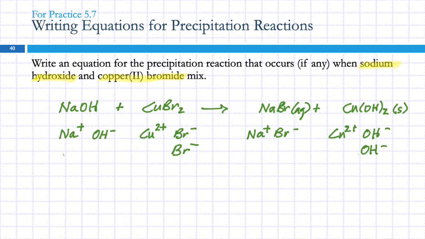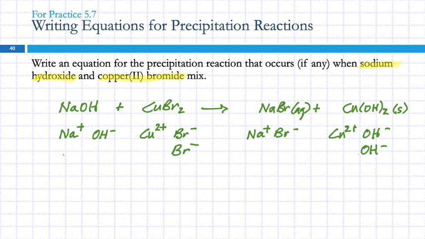So I like to start at the beginning. So over here, I have 1 sodium ion. And on the right side of the equation, how many sodium ions? Also 1. So that's good. I have 1 hydroxide here. How many hydroxides on this side? 2. Well, I need to fix that then.